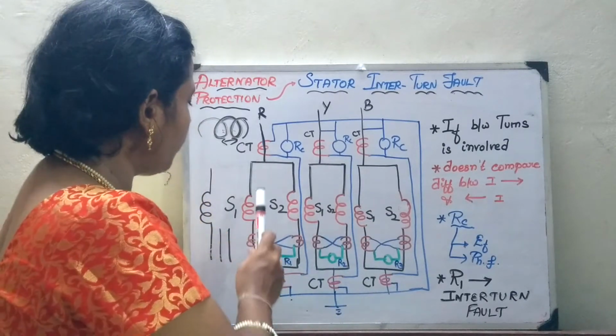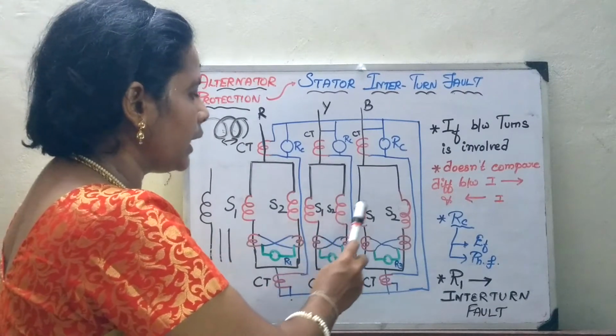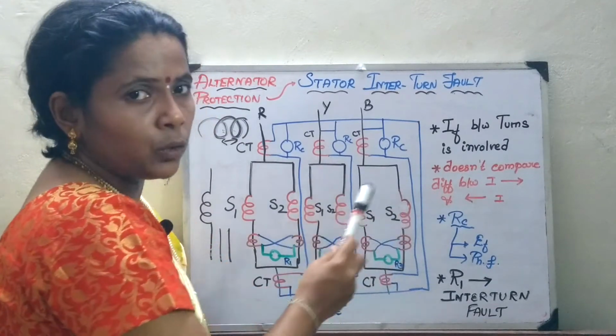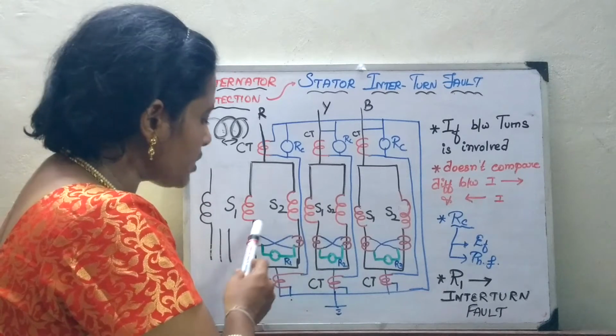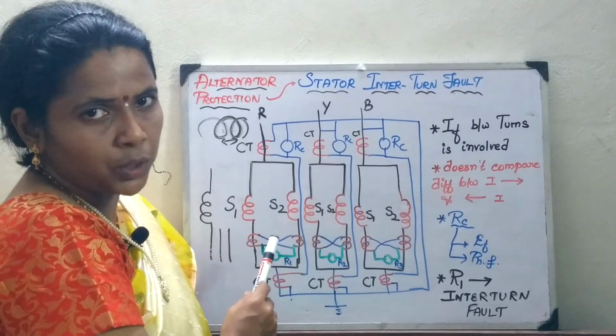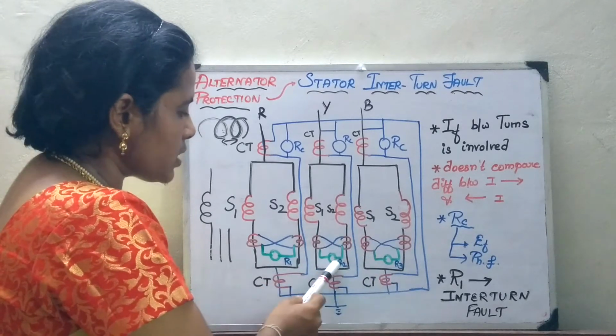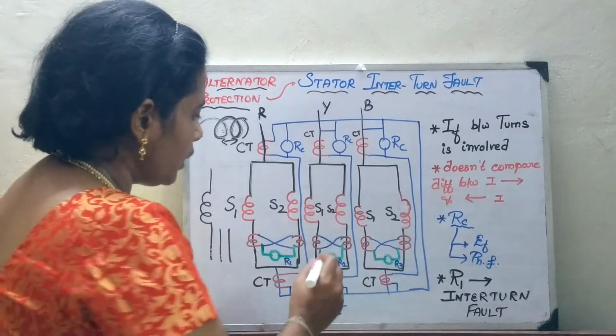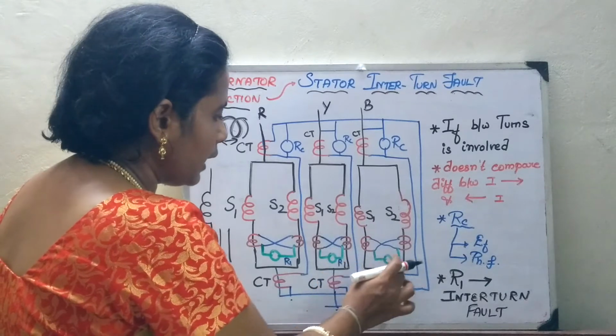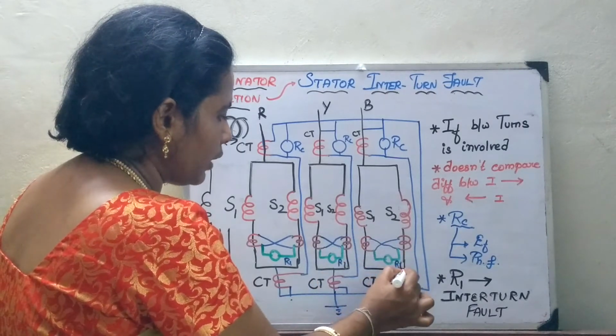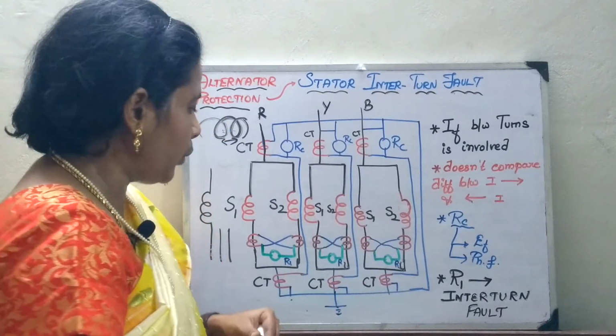Here you see a single stator winding, which for our understanding has been duplicated, and of course internally the same differential protection is involved. Here I place two CTs and across them I place the relay. I will label the relays with suffix 1: R1, R1 and R1.